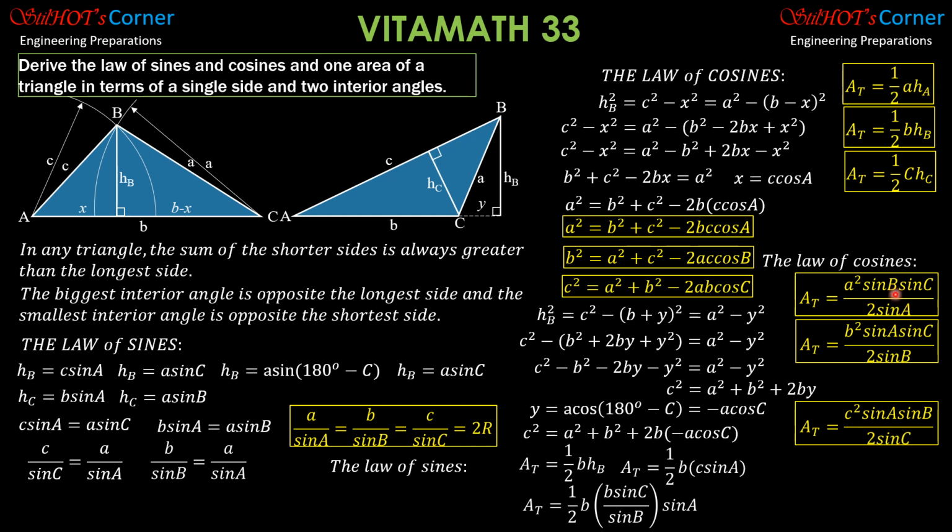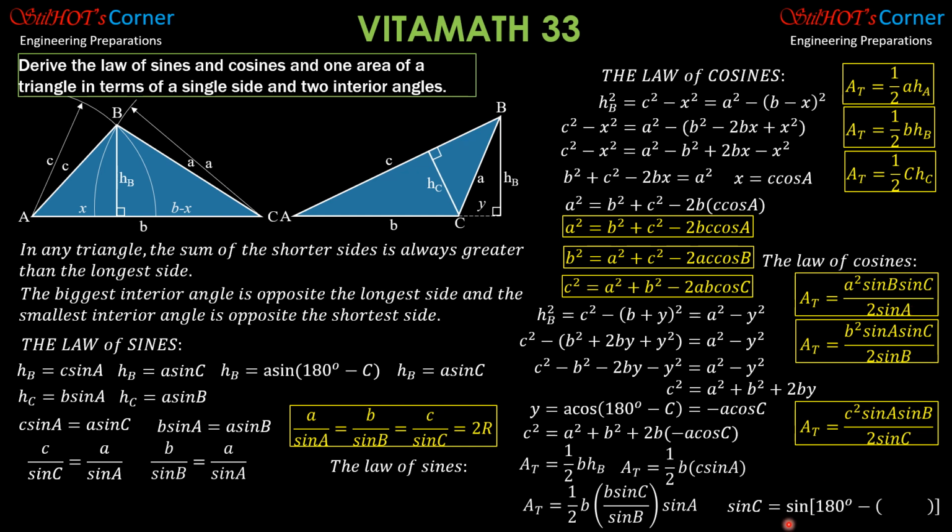Just a familiar one. Take note also that the third angle A is equal to 180 degrees minus the sum of B and C. So A is 180 degrees minus the angles B plus C. And remember that sine of 180 degrees minus quantity B plus C is equal to sine of A itself.